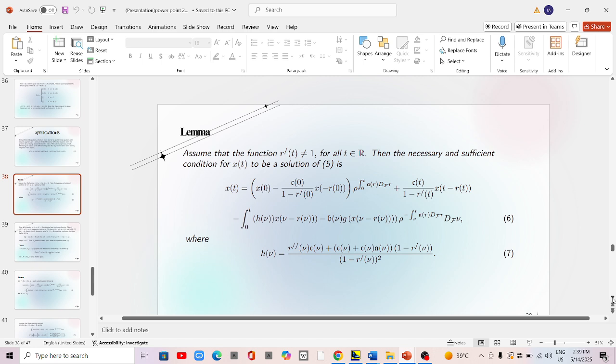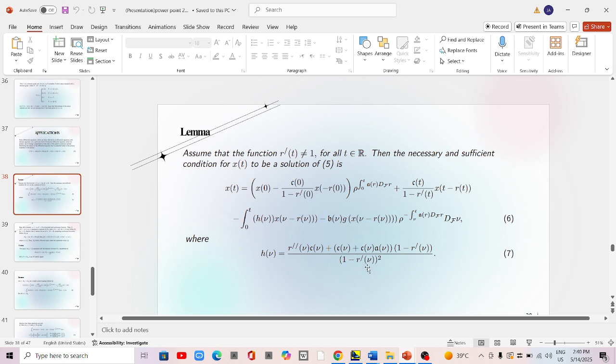The solution is stable. Now if we take r dash of t equal to 1, and take its antiderivative, what do we get here? We shall get r of t is equal to t plus c. If we put this in the equation, 1 minus r dash of t will become 0.